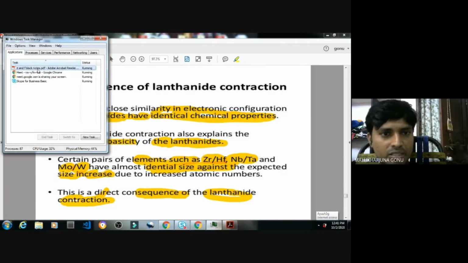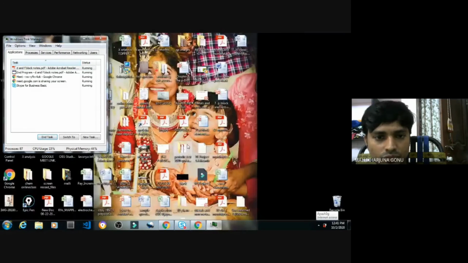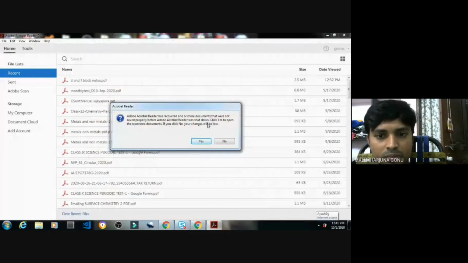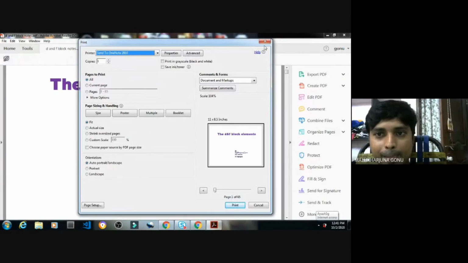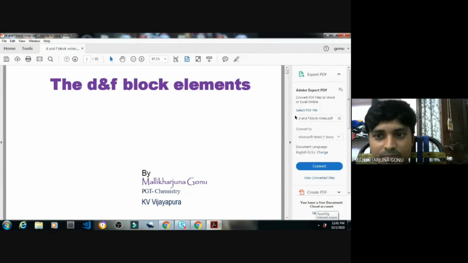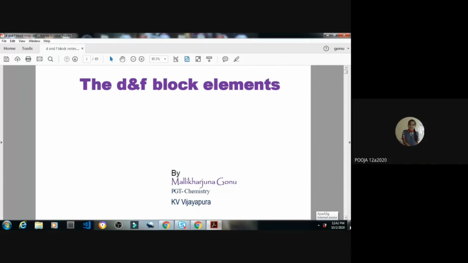So what are the elements from the d-block which have the same sizes? We have discussed a few elements which are having the same sizes. What are those? Zirconium and what is the other one? Hafnium.